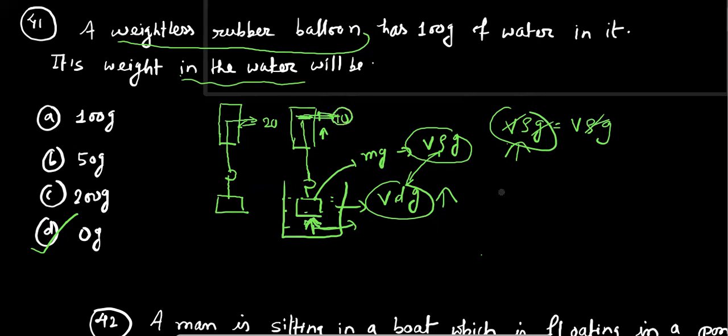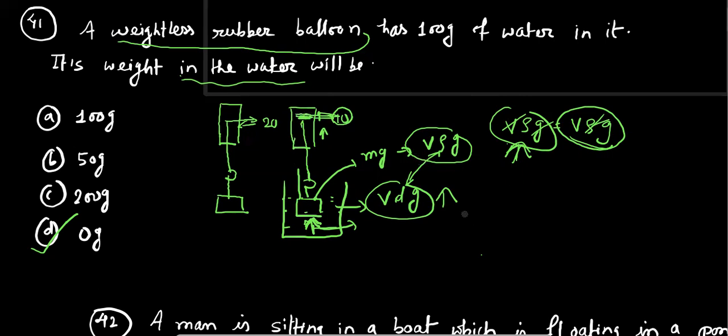So we can say that the weight of water in water is zero. The value of upthrust is equal to the weight of the water. That's why the pointer will move completely to its initial position.